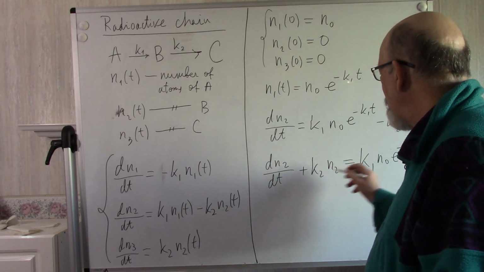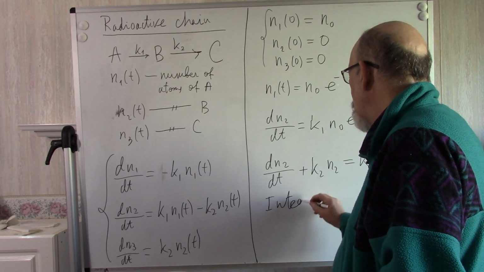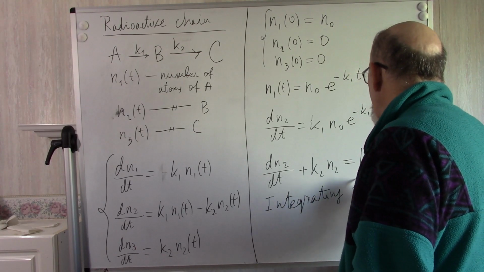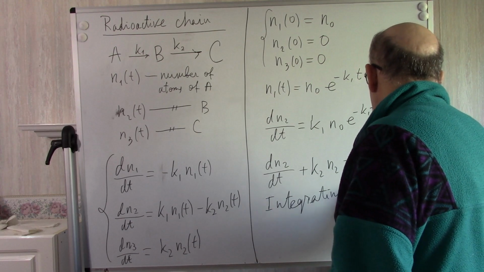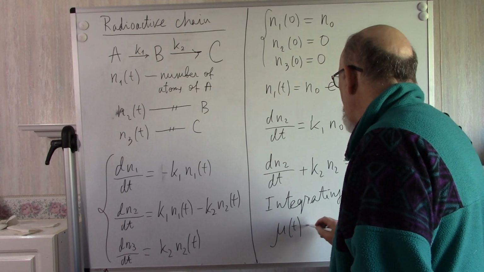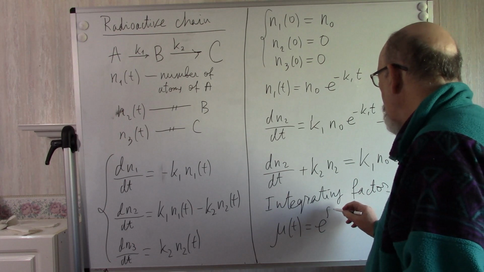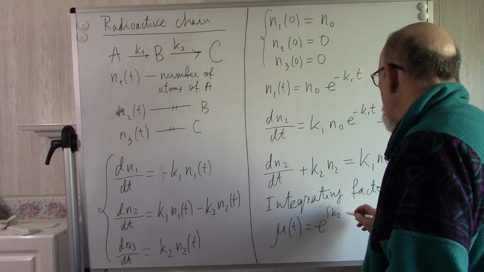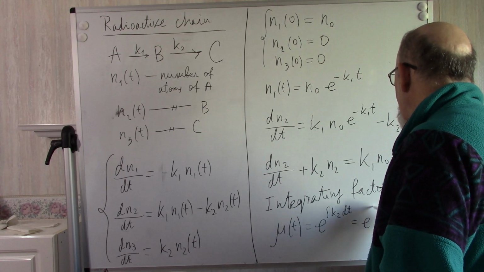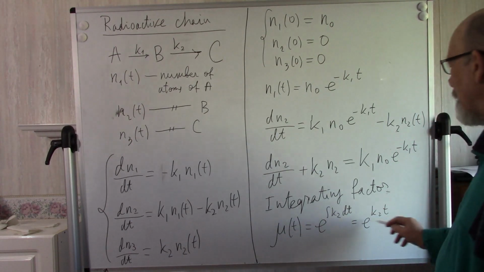First we find the integrating factor, mu(t) equals e to the power integral of k2 dt, which equals e^(k2 t).